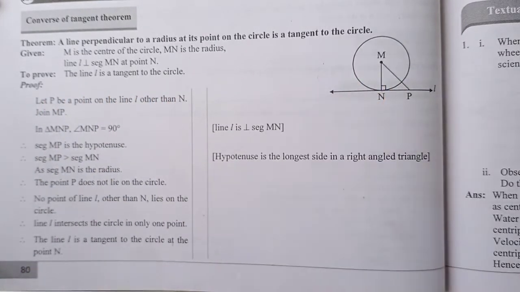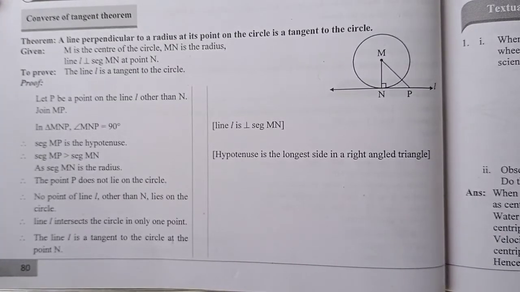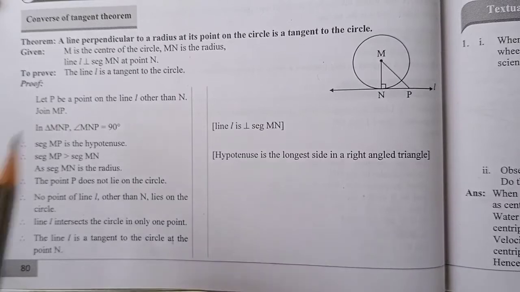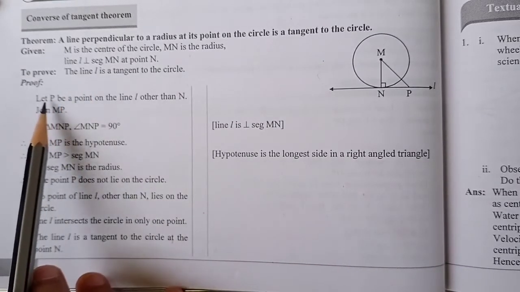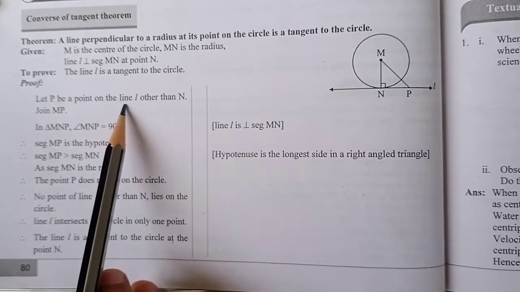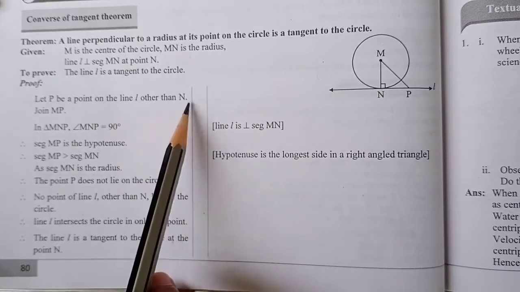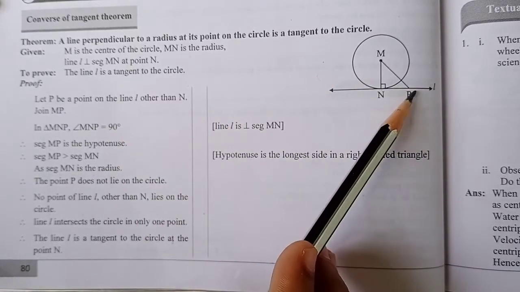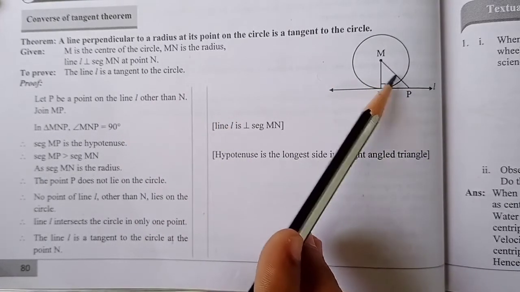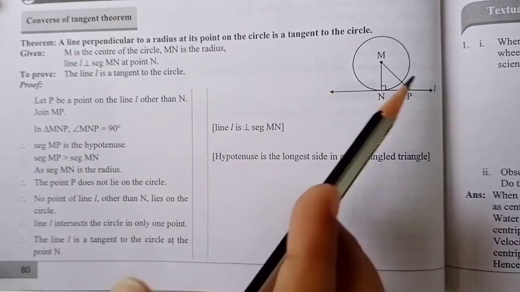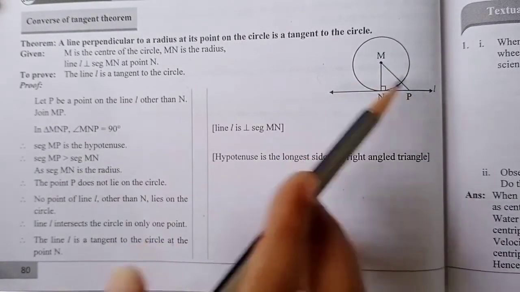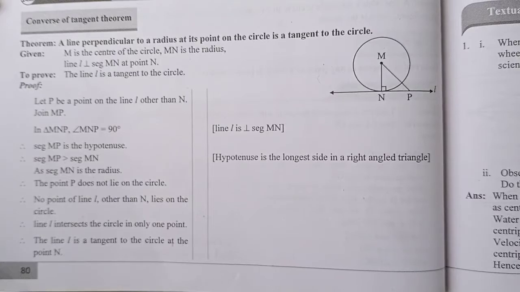Now let P be a point on the line L other than N. Now take a point P which is other than N on this line. Join M and P, meaning the center and that point. Okay. So you will get a triangle.